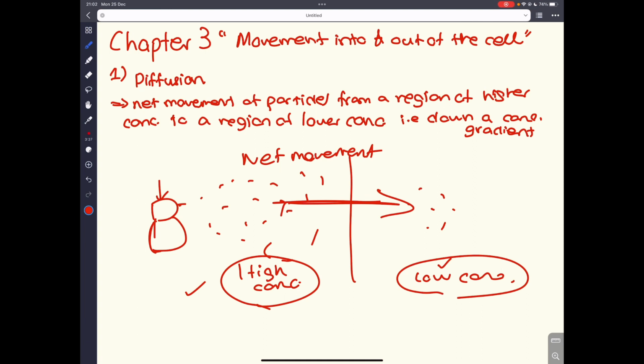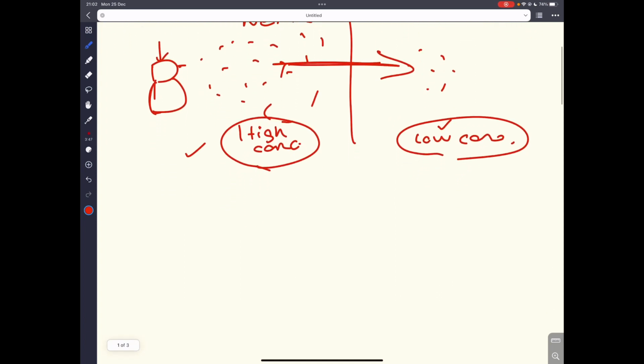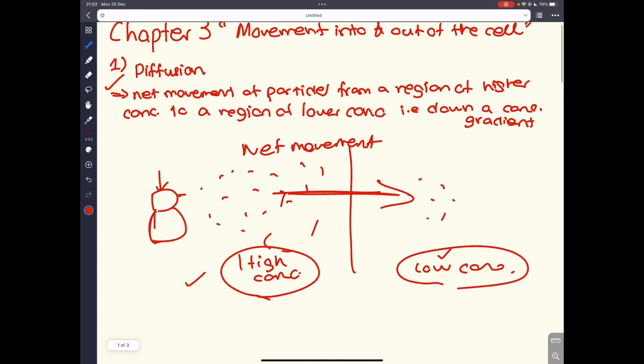There is a higher proportion of particles moving from high to low concentration. And this is why we state diffusion as the net movement of particles from a region of higher concentration to a region of lower concentration. This is down a concentration gradient because you go from high to low. You have to remember this definition.